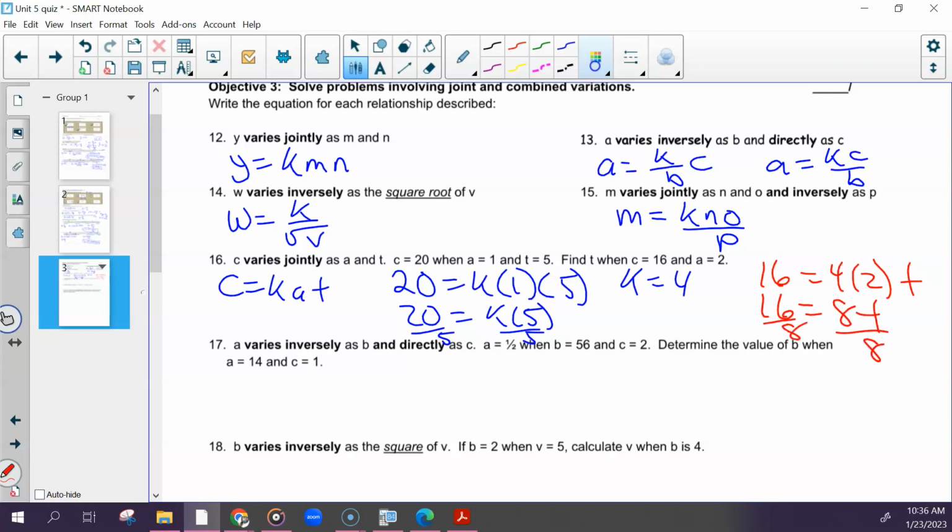Divide both sides by 8. T should have been 2. So the 5 points were setting up your equation, solving for K, getting K, solving for T, getting T. Questions on that one?